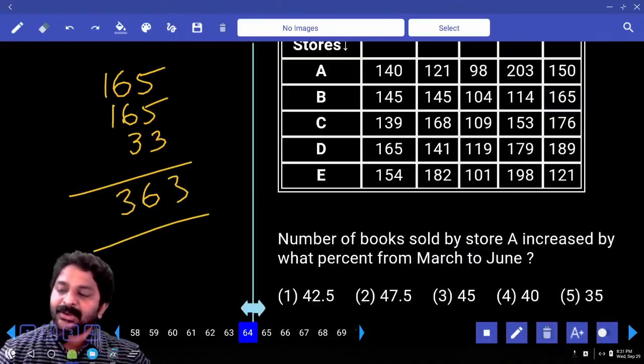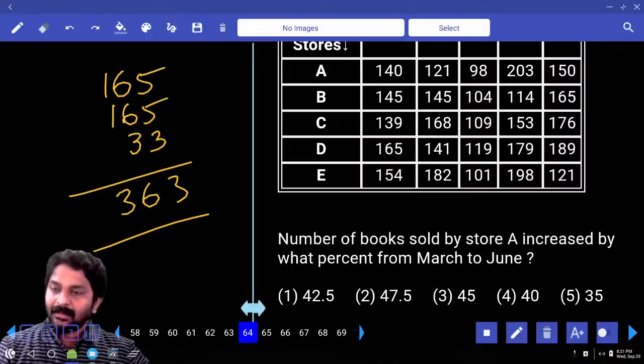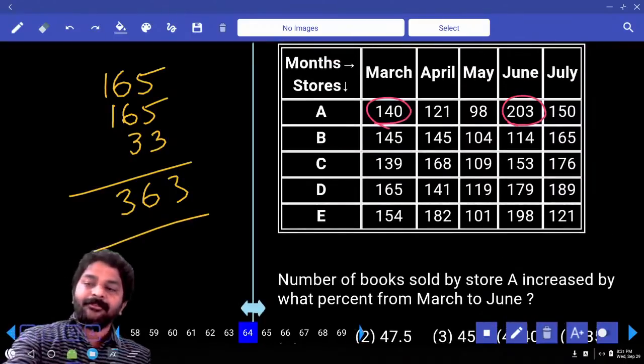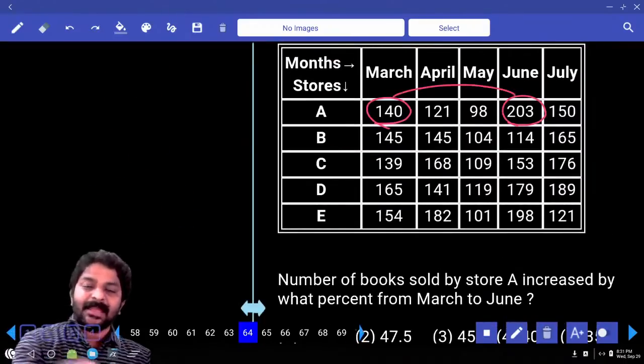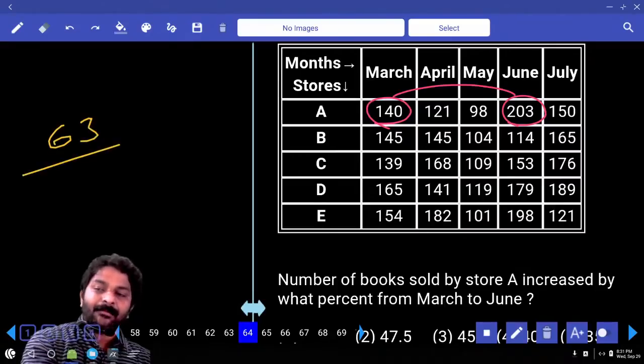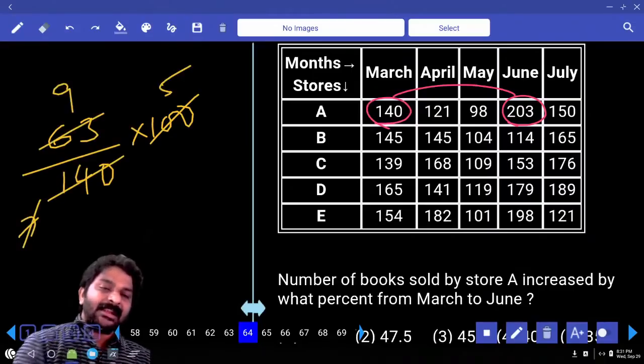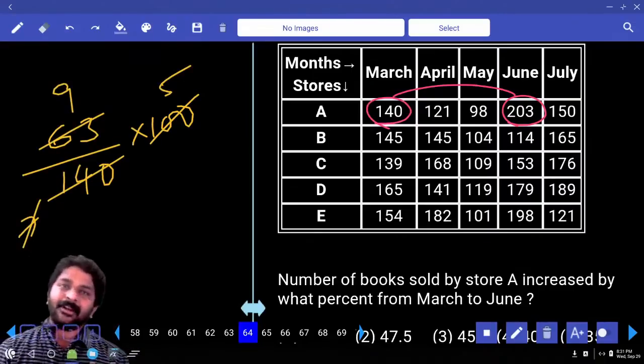Number of books sold by store A increased by what percentage from March to June? A, March to June. 140 becomes 203. Increased by 63 from 140, percentage into 100. 5 times 20, 7 times 7, 9 times 9 into 5, 45.